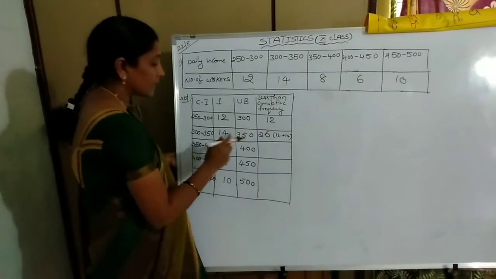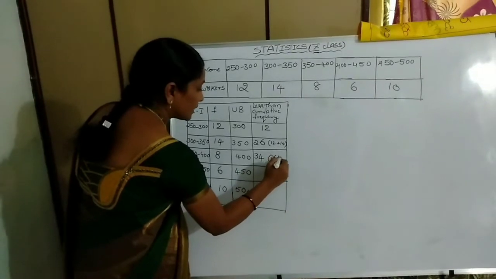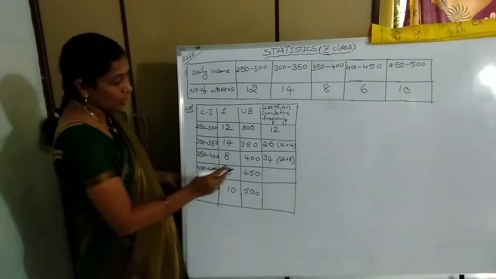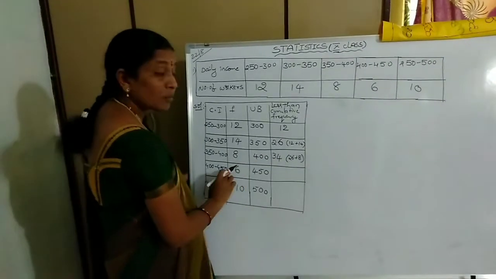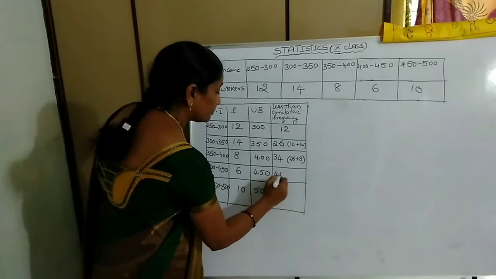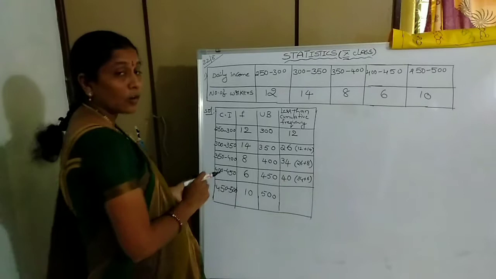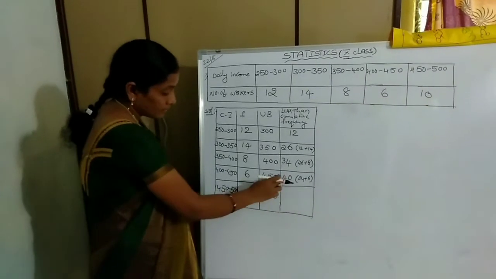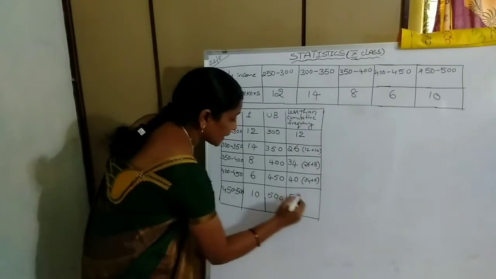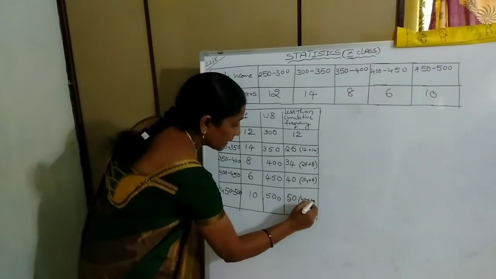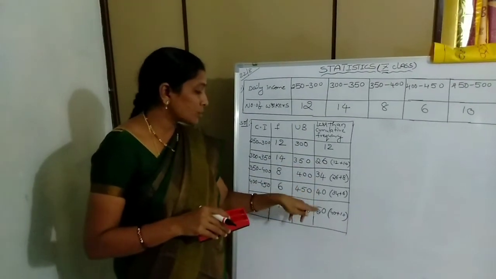By adding 26 and 8 we get 34. Then by adding this 34 to the next frequency, 6, we get 40. Then by adding 40 to the last frequency, 10, we get 50. So in this way we can find the less than type cumulative frequencies.